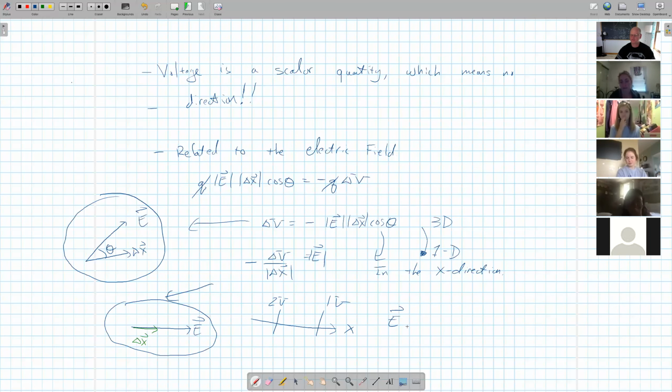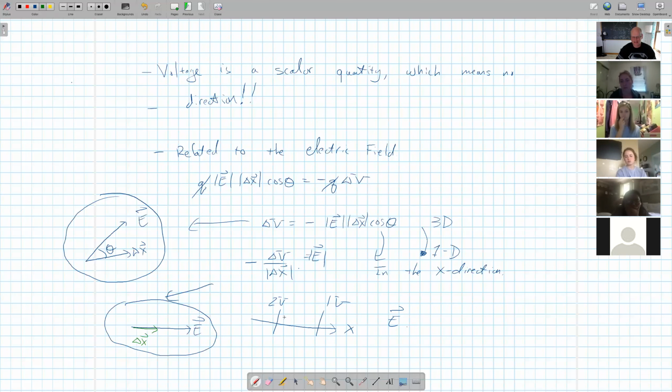Now, what this thing also says then is that the direction of the electric field points opposite the direction of the change. So here, if I go from a low potential to a high potential, then this thing tells me that the electric field actually points from high potential to low potential.